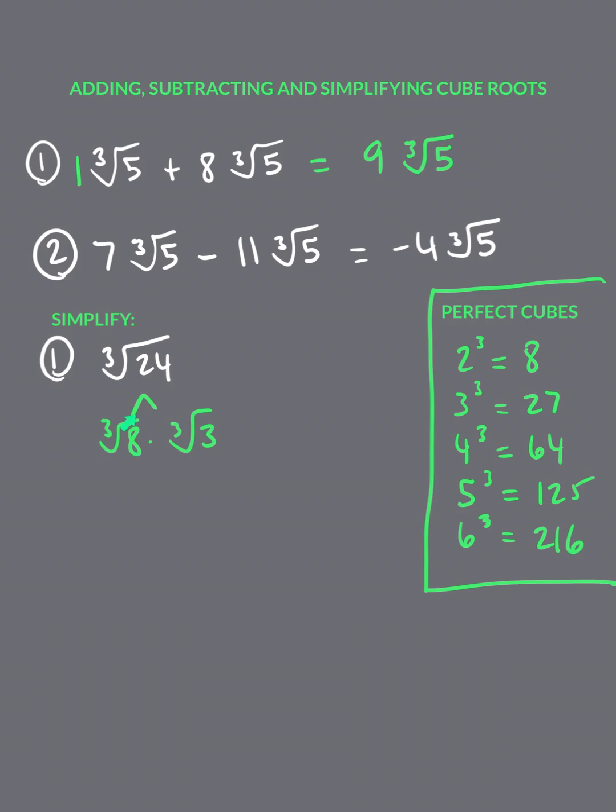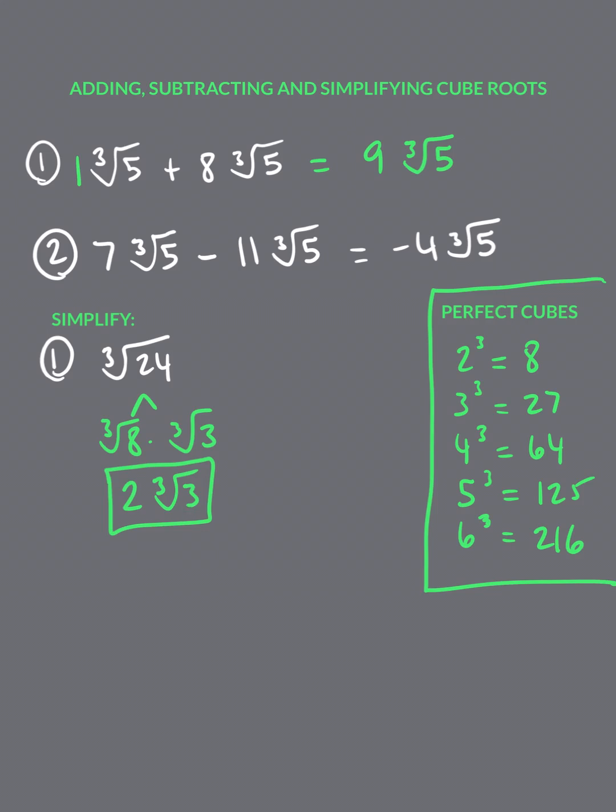And we know that the cube root of 8 is 2 because 2 cubed is 8. So we can simplify this to 2 times the cube root of 3. And that is our final answer because we cannot simplify the cube root of 3.